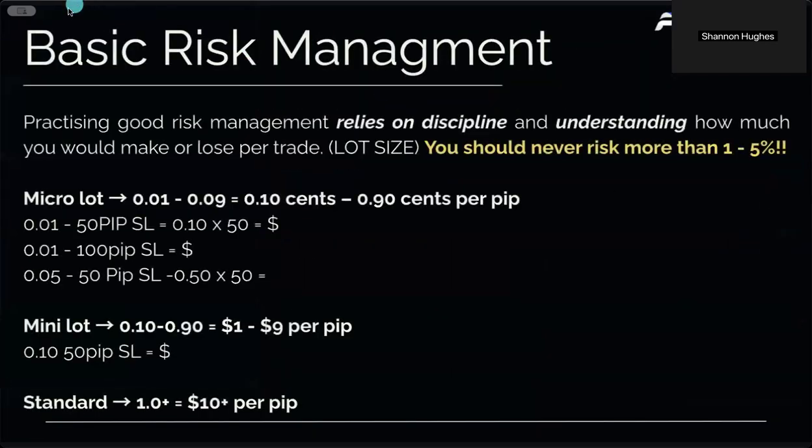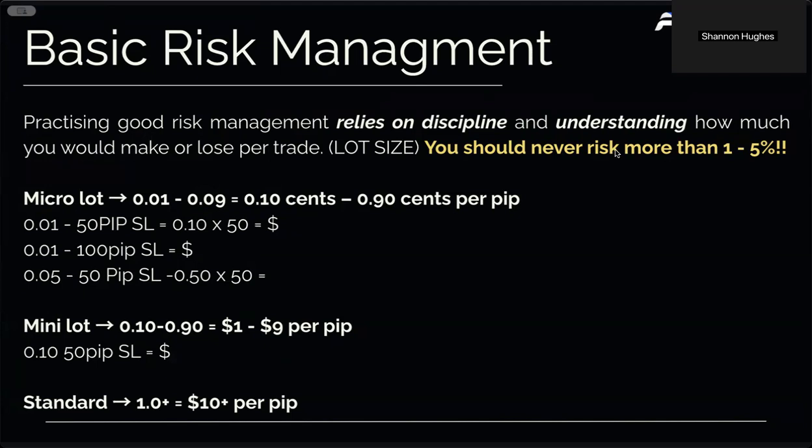So there's three different lot sizes. You've got mini lots, you've got micro lots, and you've got standard lots. Now, personally, if you have less than $1,000 in your account and you are a beginner, you shouldn't even be touching or thinking about using a mini lot or above. I'm just going to throw that out there right now.